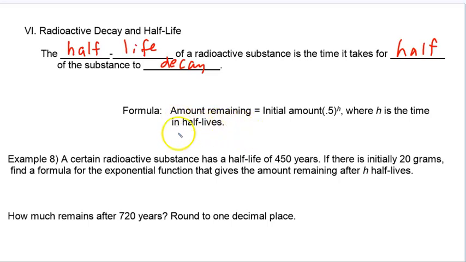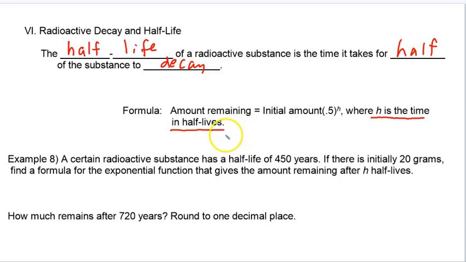So the thing here is very similar to what we talked about with exponential decay in our previous example. It's just that for half-life problems, the base is always going to be 1/2 or 0.5. And H is going to be the time in half-lives.